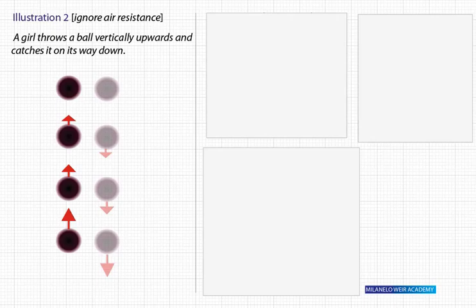Well guys, here is our illustration number 2. In this case, the object changes direction. It's thrown vertically upwards, then it stops at the maximum height, then it comes down. Well, we start from this point. From here, the object is thrown vertically upwards.